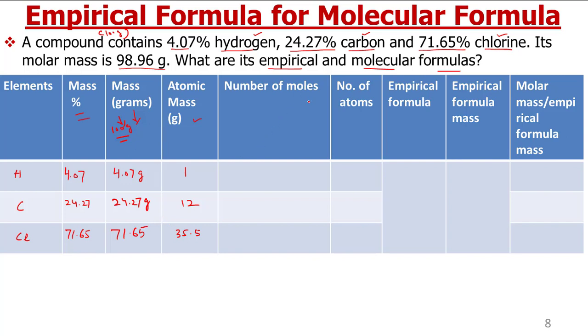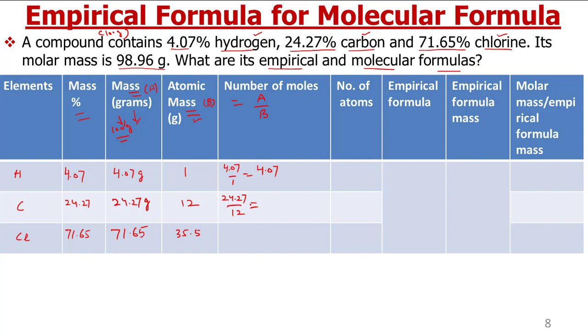Then we have to find the number of moles. Like I said, suppose it is A and it is B. So number of moles is given by A divided by B. Given mass divided by its atomic mass or molecular mass will give you number of moles. So we have 4.07 divided by 1, it is 4.07. Next is 24.27 divided by 12.